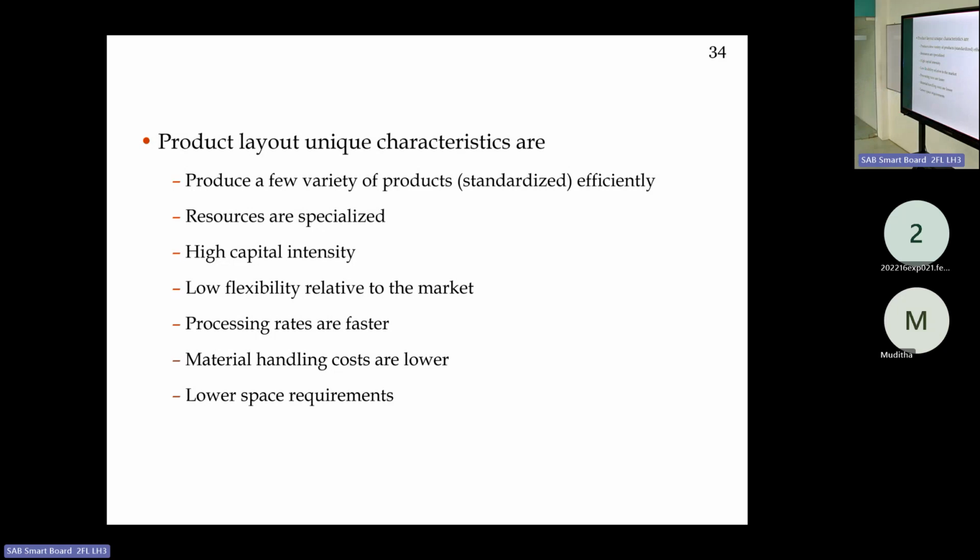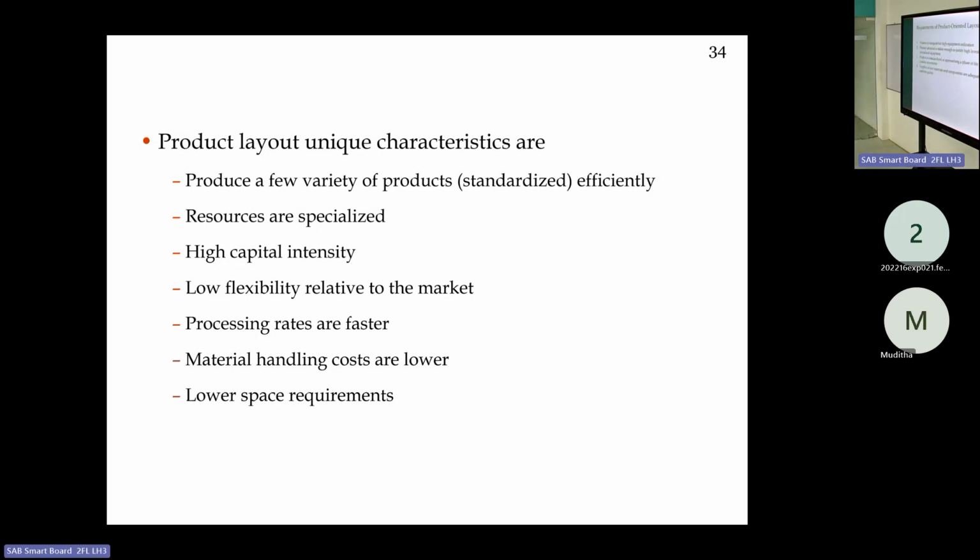Space requirements are also consequently low, because no need of handling machines, equipment, manual work and all. Workstations are neatly and concisely arranged in limited space. So space utilization is extremely high here. Those are the common other characteristics.